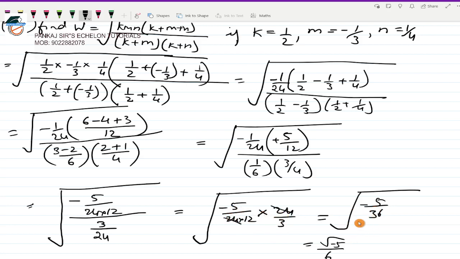Right. So I don't know. The answer given here is a minus 5 upon a 36. Okay. So square root sign has been removed. Right. Square root sign has been removed.